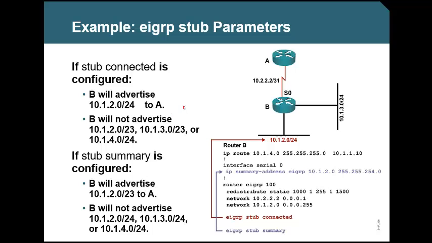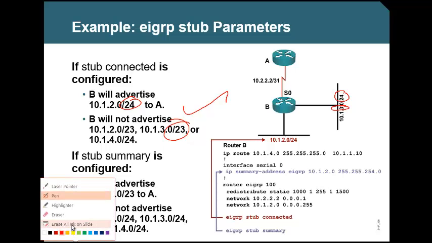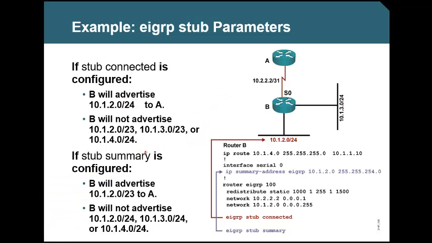Is this example clear for you? Yes, sir. The 3/24 will be advertised, but the /23 will not be advertised because that is not on the connected list. The prefix length matters.